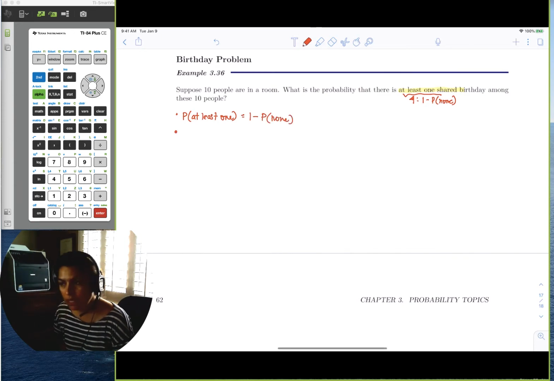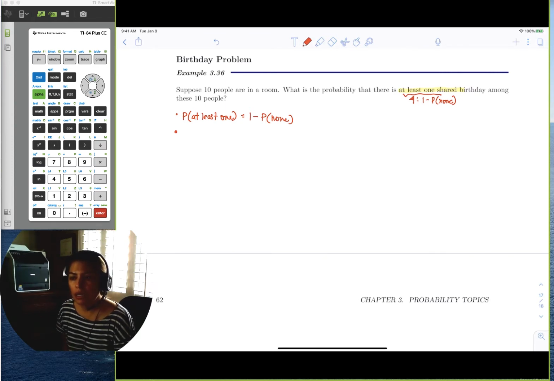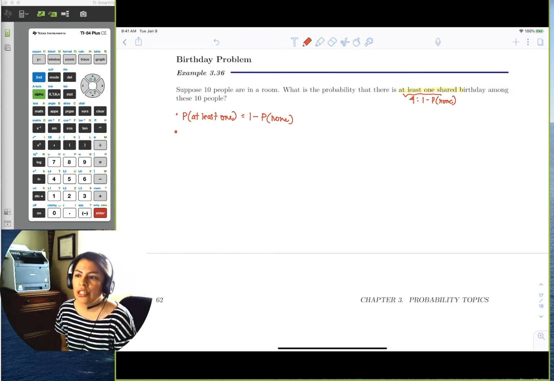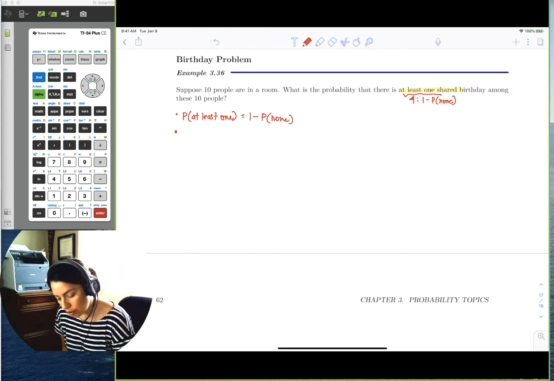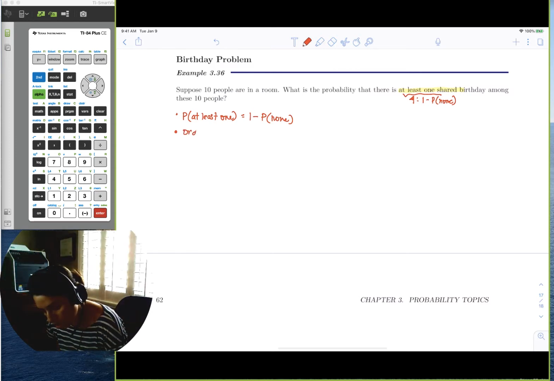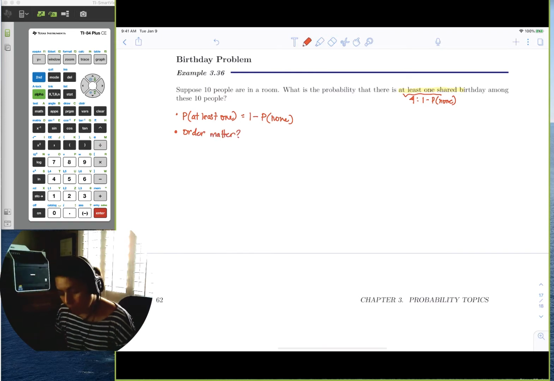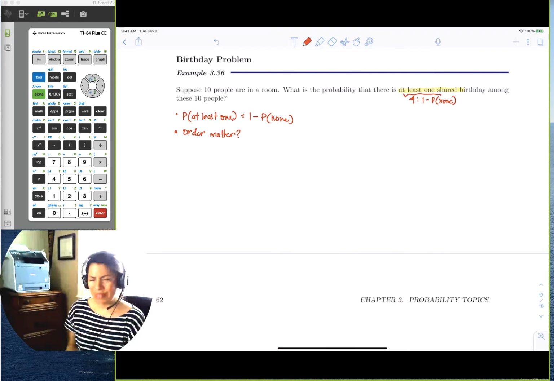Another thing we need to note is whether we're using permutation or combination or neither. So does order matter? Well, yeah, because the order of birthdays matters.